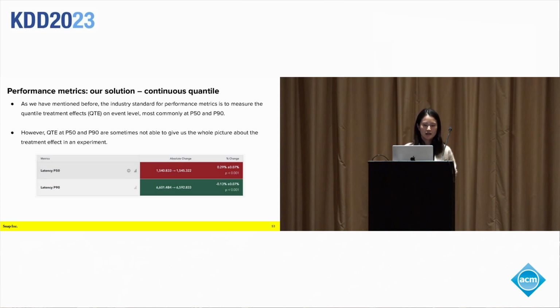Okay, and in addition, we also propose a metric measurement called continuous quantile. As we mentioned before, the industry standard for performance metrics is to measure the quantile treatment effect on the event level, most commonly at P50 and P90.